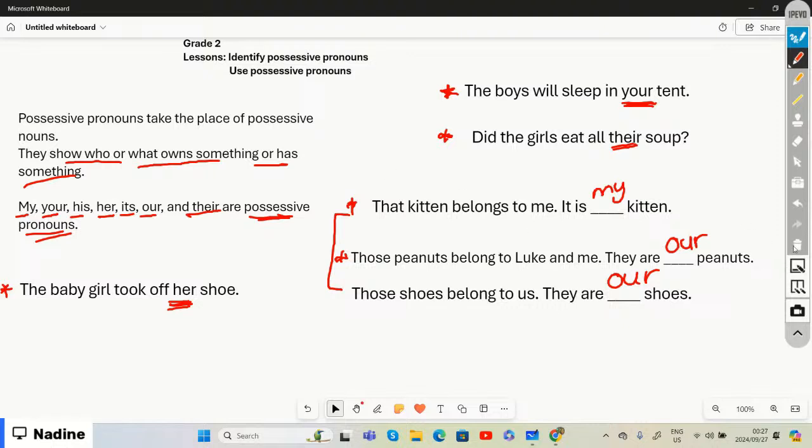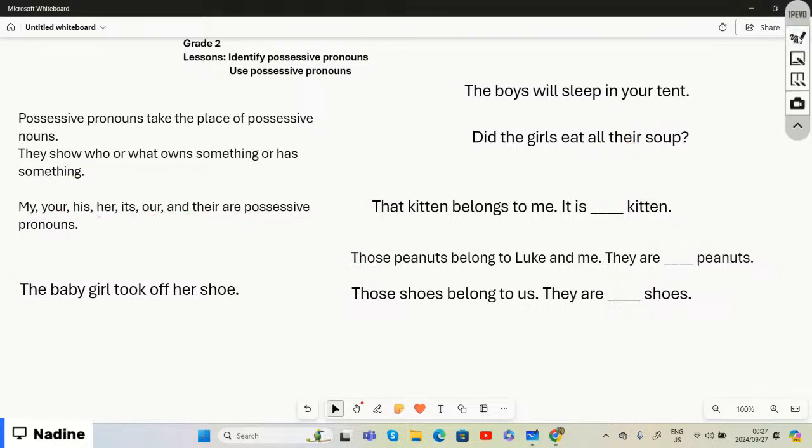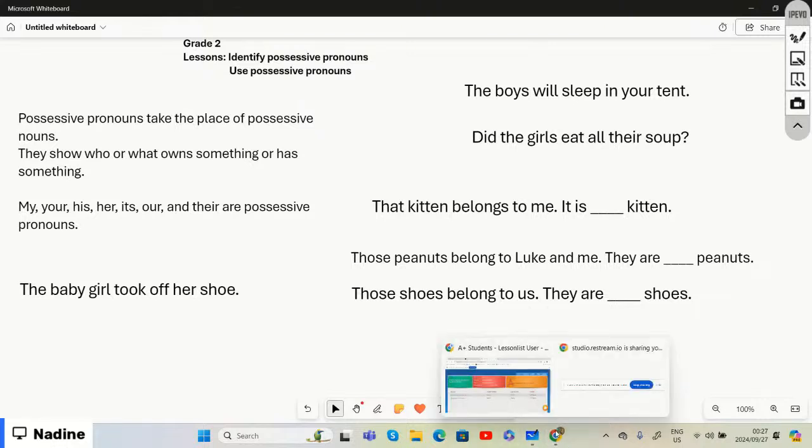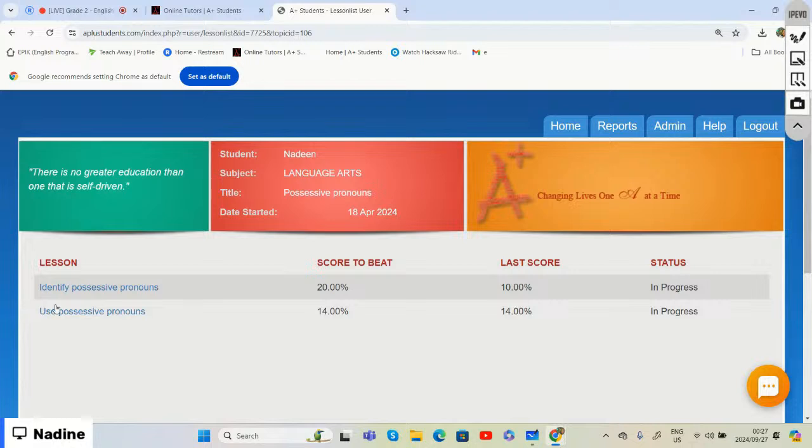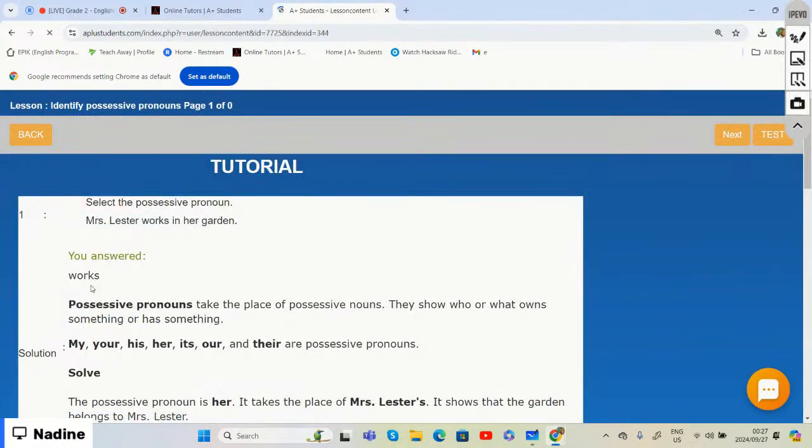All right, so now we're going to aplusstudents.ca, where we're going to identify possessive pronouns.